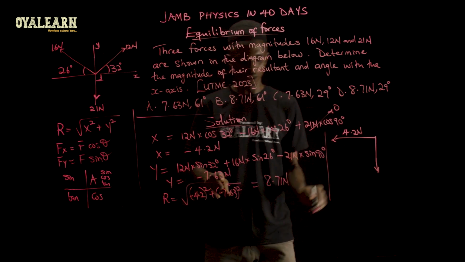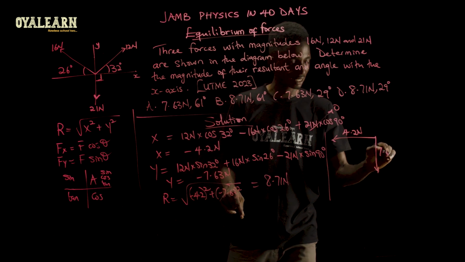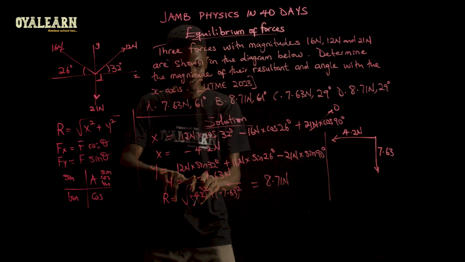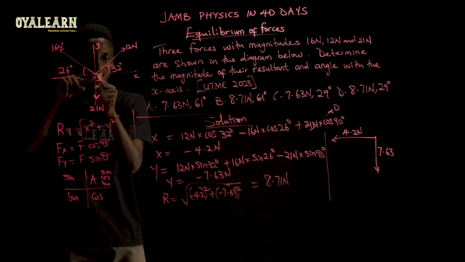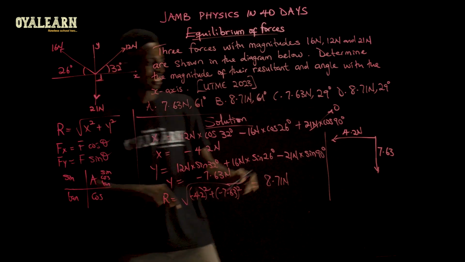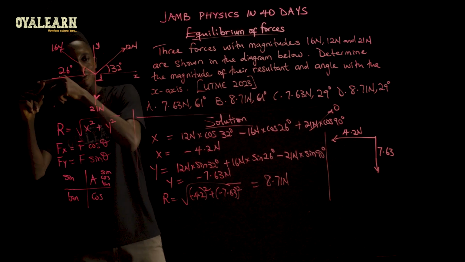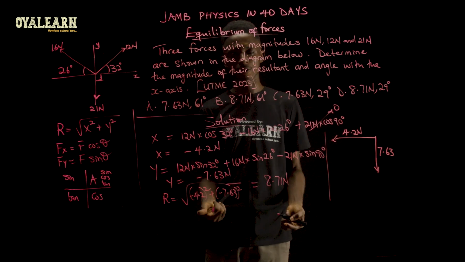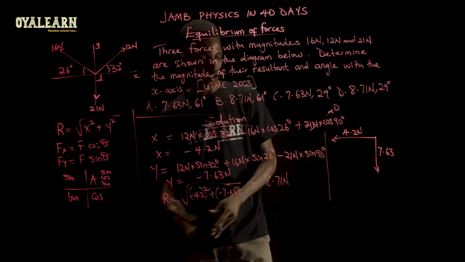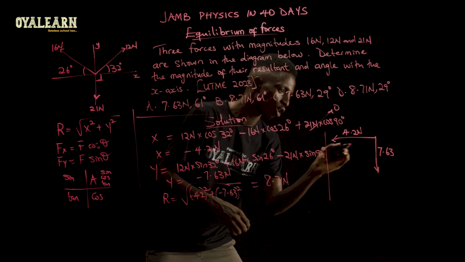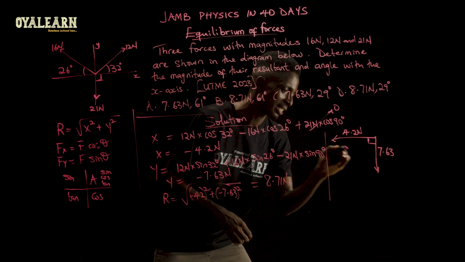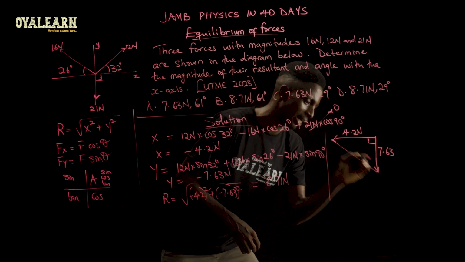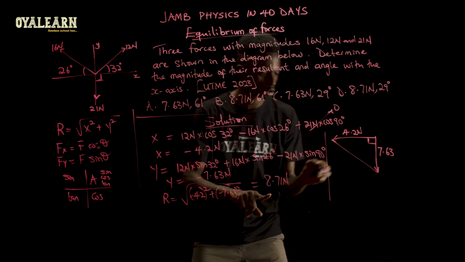The magnitude is 7.63. So please take note, this negative sign is only telling us that we're going the negative y-axis. And the negative for x says that we're going the negative x-axis. It does not mean that this is actually a negative value of force. It just tells us the direction it is going. So the resultant, since the angle between them is 90, is going to be this line drawn here, which would be the resultant we just solved as 8.71 newtons.